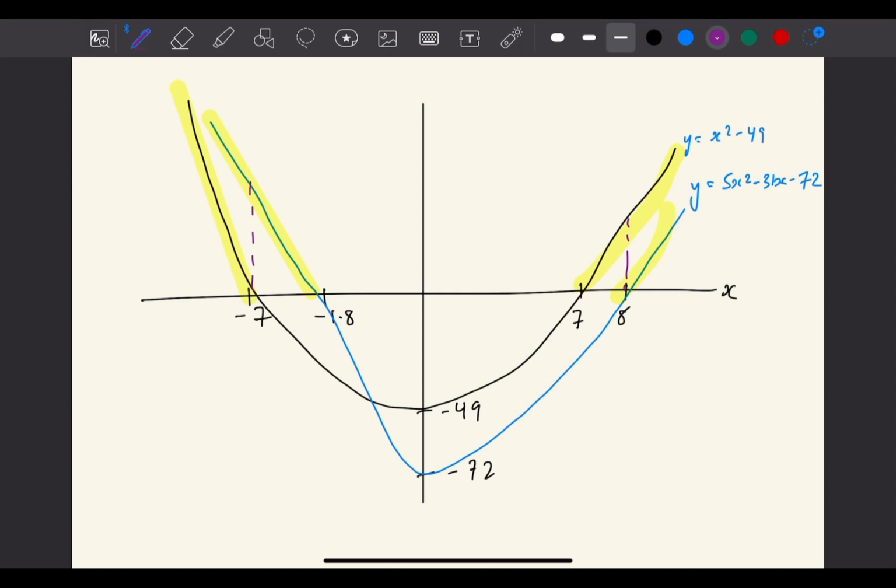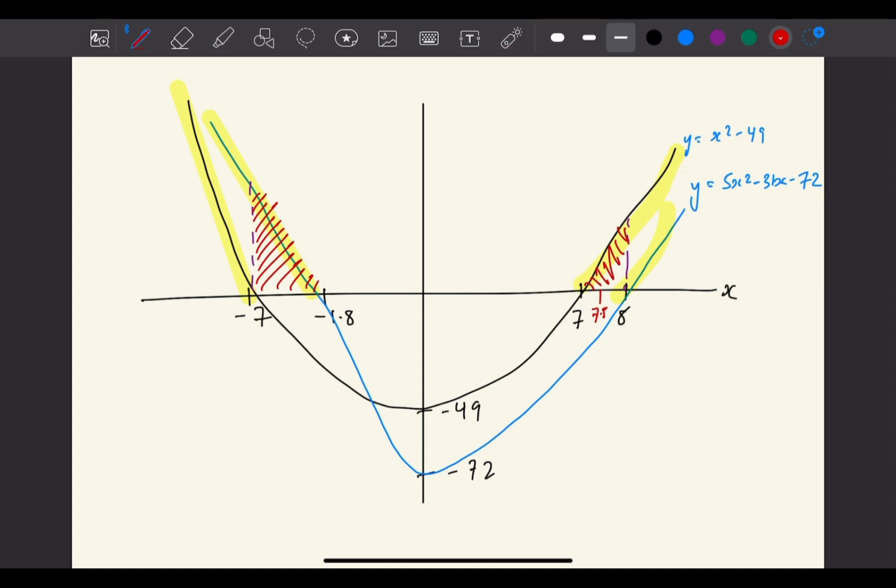So from this value of x onwards, here in this space, if x is here, then y equals x squared minus 49 is not greater than 0. In this space, if x is here, if x is, for example, 7.5, then y is equal to 5x squared minus 31x minus 72 is not greater than 0.